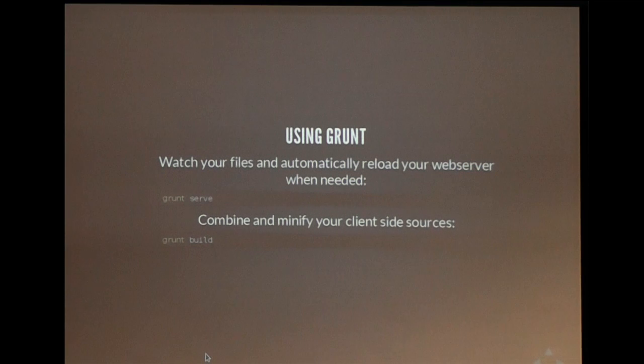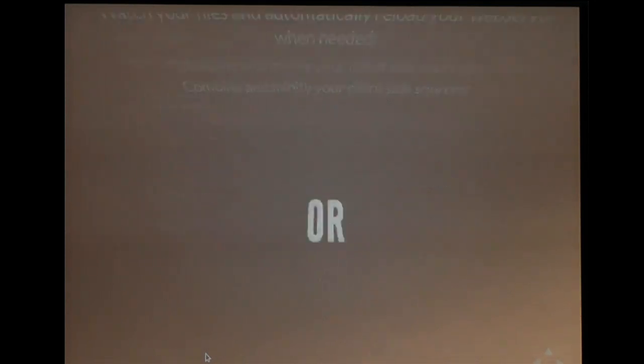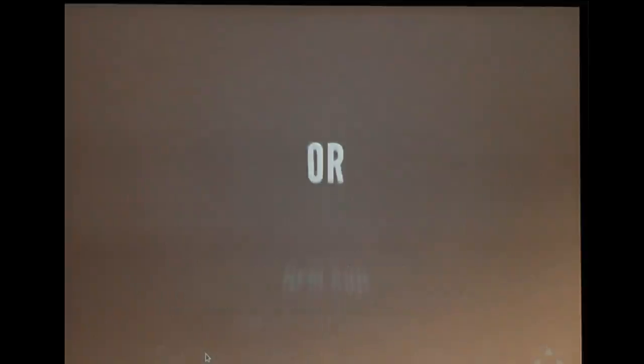Grunt build is also great, helps combine and minify all of your client-side sources. Super useful, helps you drop things down to just one or two includes. Or, this is my improved suggestion for people that are looking to move beyond Grunt.